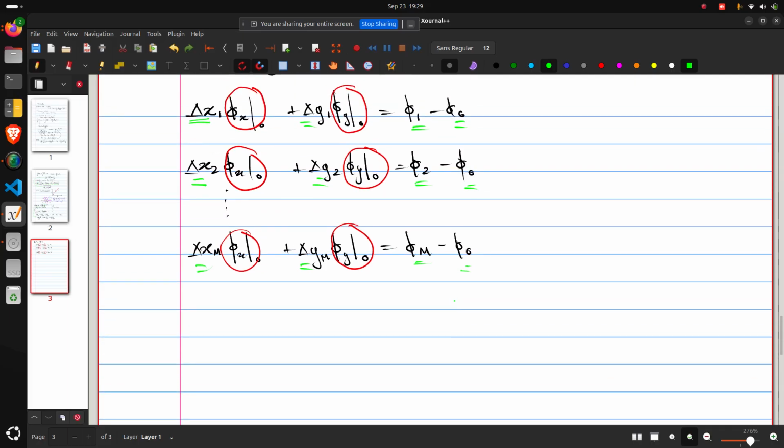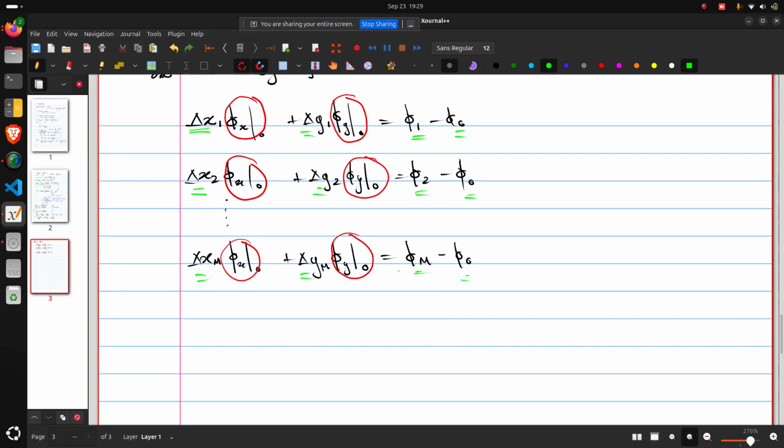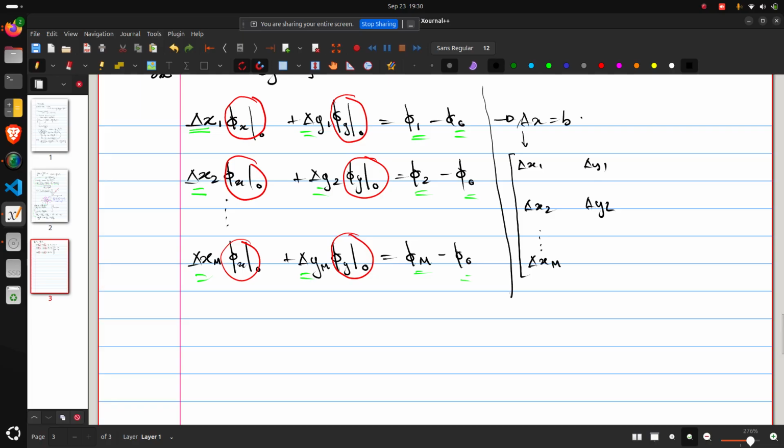Now that we have this, we can rearrange it in a matrix form, right? So this part we will keep in the right hand side. We'll try to arrange it in an Ax = b type of formulation. What will be the A? A will be delta x1, delta y1, delta x2, delta y2, all the way to delta xm, delta ym.